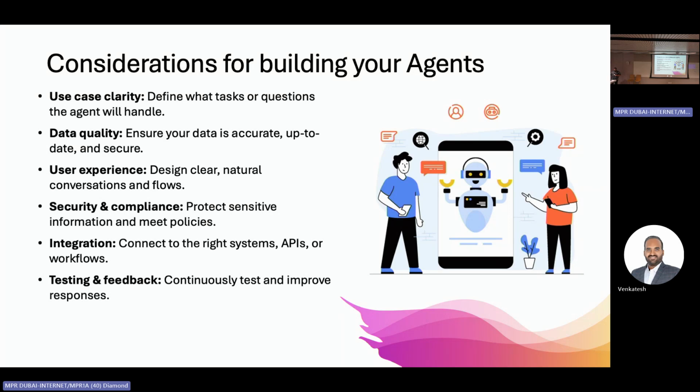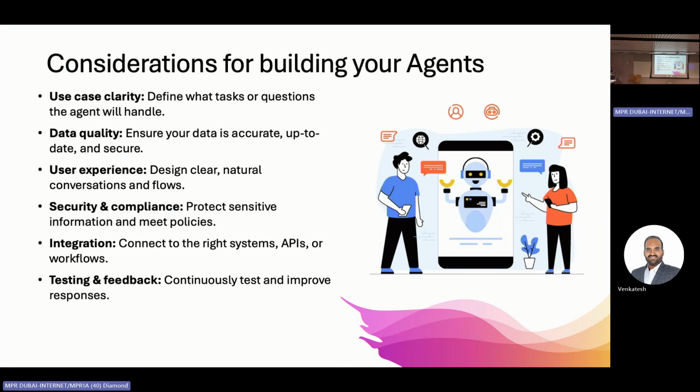Now, when it comes to integration, let's say you want your agent to go and get some information from a third-party system, whether through an API or a connector. The account under which the Copilot agent is going to connect to that system and get the information is also something to consider. You can use a service account and run as that service account to get the information.